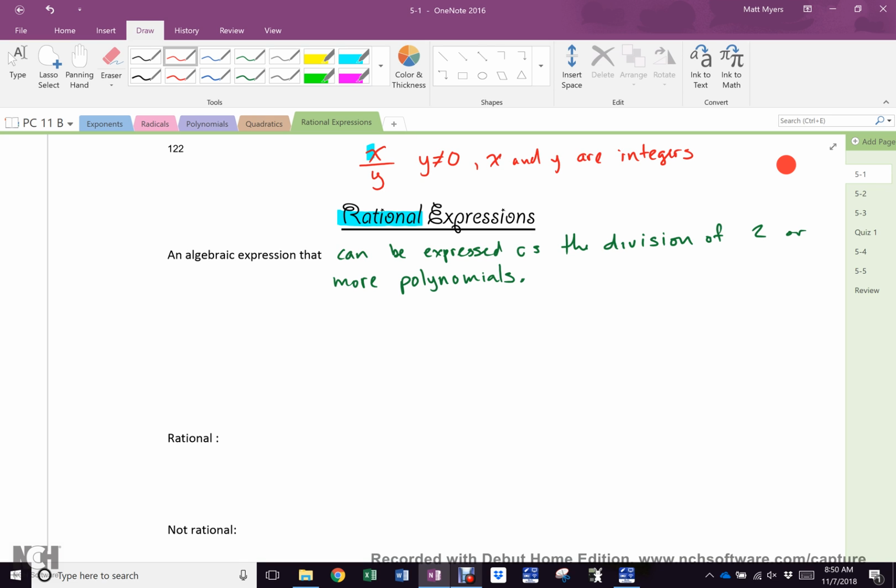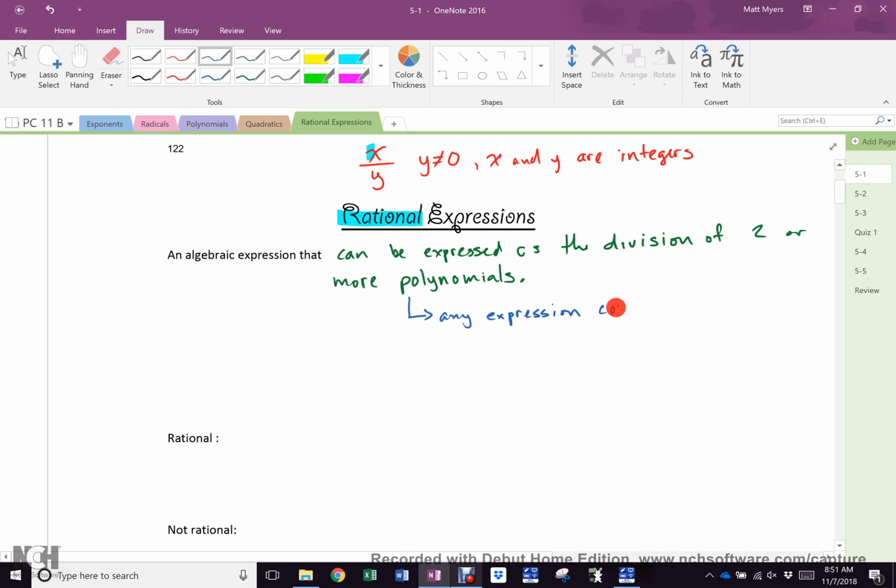Well, a rational expression is not the division of two or more integers, it's the division of two or more polynomials. What's a polynomial? I call your minds back to grade 10. A polynomial is, of course, any expression, and there is a more complicated definition than this, but for our purposes, this will suffice.